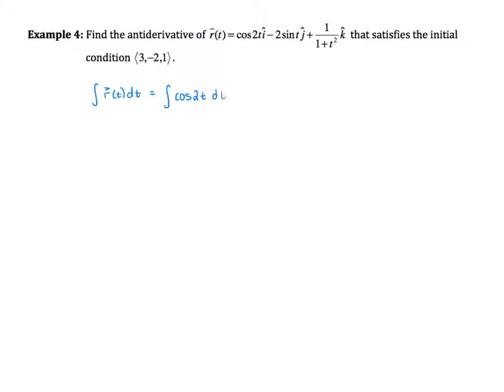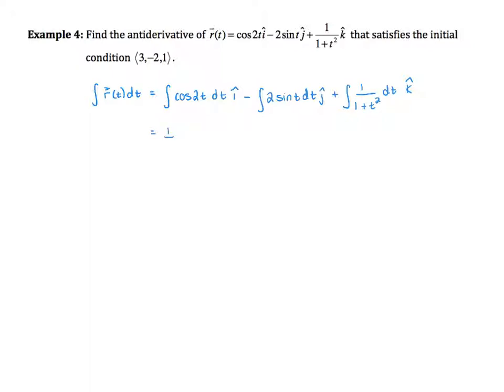So the integral of cosine 2t dt i hat, minus the integral of 2 sine t dt j hat, plus the integral of 1 over 1 plus t squared dt k hat. Okay, so the antiderivative of cosine 2t will be sine of 2t, but over 2, because chain rule.